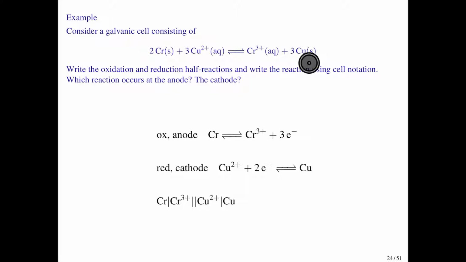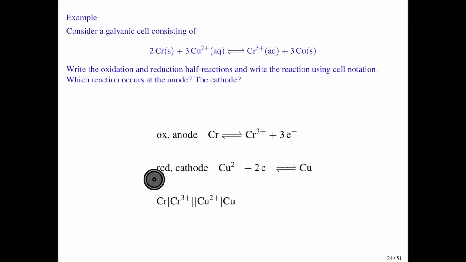And the rule is oxidation occurs at the anode. So we'll have the chromium being oxidized at the anode. That'll involve giving up 3 electrons. The copper is reduced at the cathode, so copper 2+ plus 2 electrons gives us metallic copper. What would be the cell notation for this? Well, we read the half reactions left to right and write down the notation as we go.